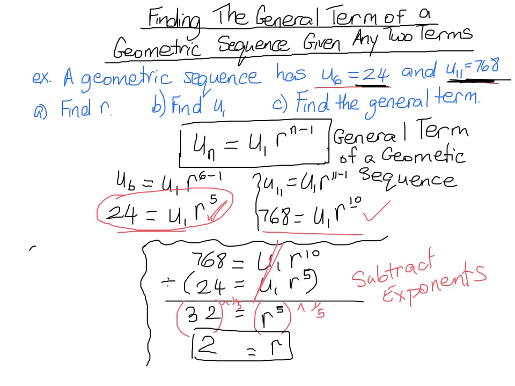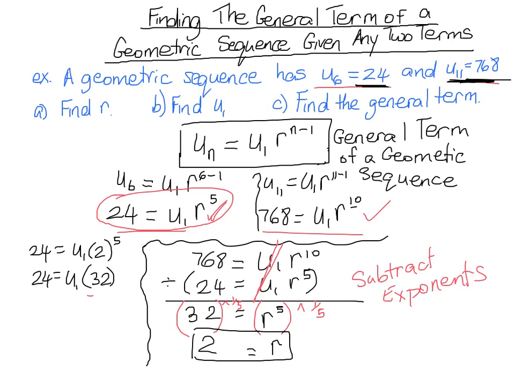We know that 24 is equal to u1 times r, which happens to be 2, to the 5th. We just spoke about the fact that 2 to the 5th gives us 32, which means that 24 equals u1 times 32.